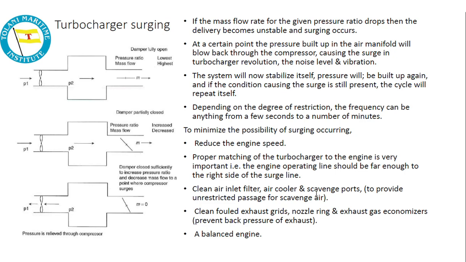Clean fouled exhaust grids, nozzle rings and exhaust gas economizers to prevent back pressure in the exhaust, and keep a balanced engine. So here in the diagram you see how and why this phenomenon of surging occurs.